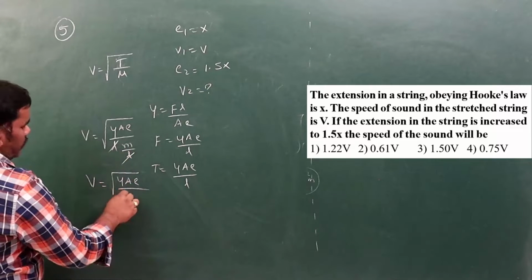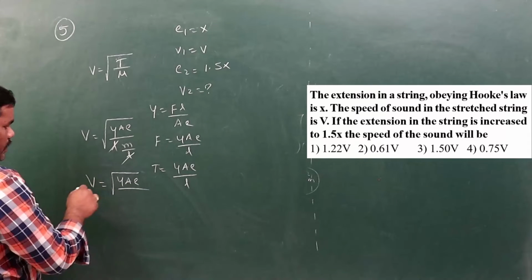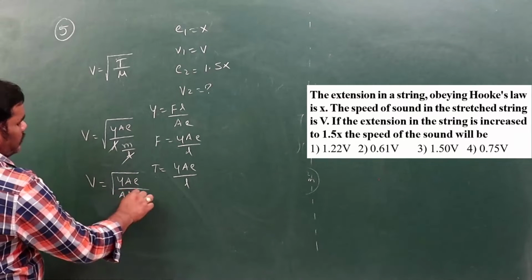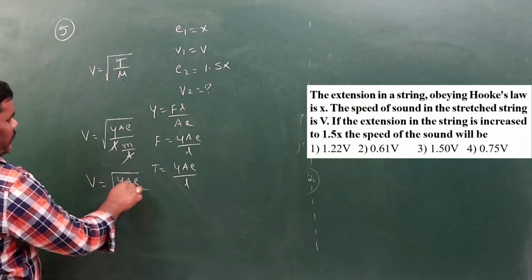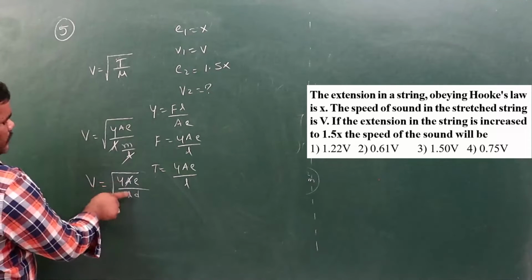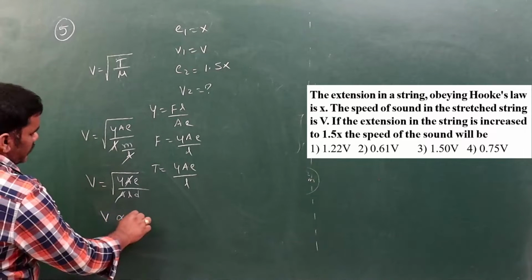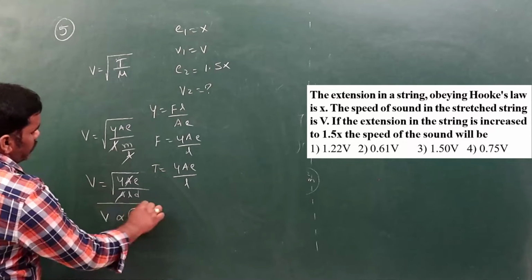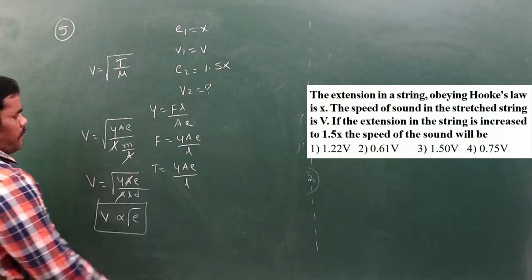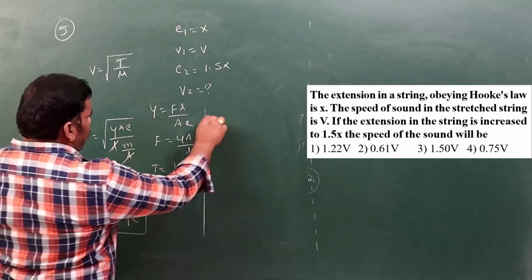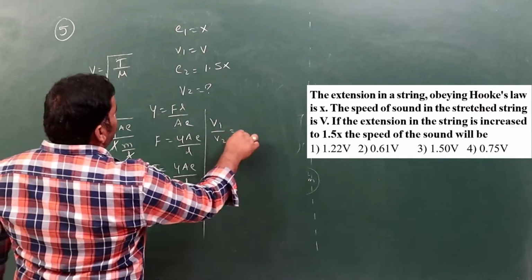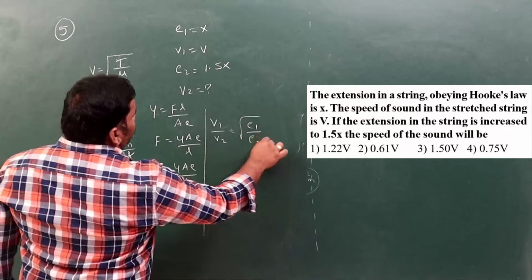So the velocity of the wave in a transverse string is v equal to under root of YAE by mass, and mass can be written as volume into density. Volume is area into length into density D. Area gets cancelled. Here Y, L, D are constant, so velocity is directly proportional to under root of elongation. So V1 by V2 is equal to under root of E1 by E2.